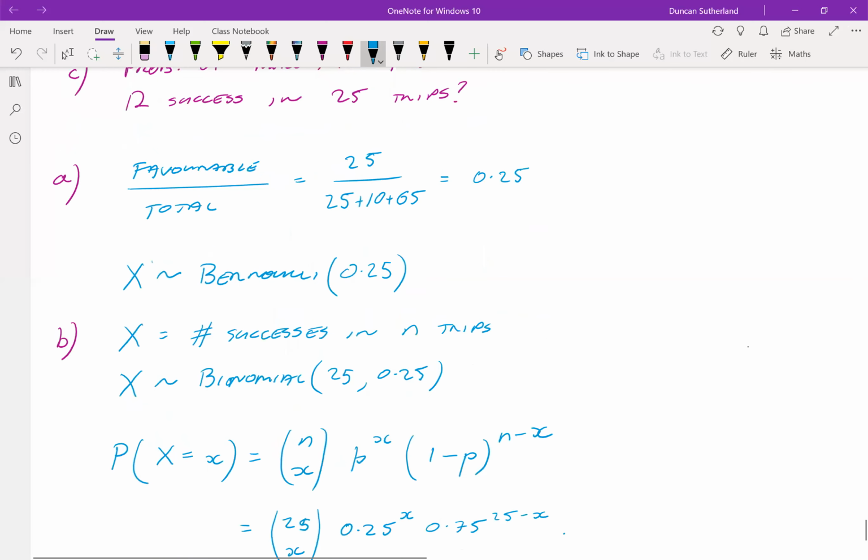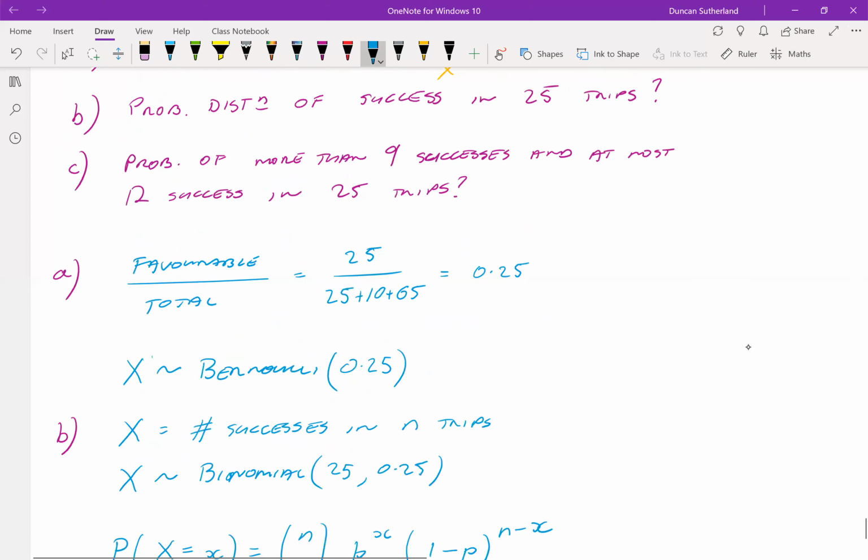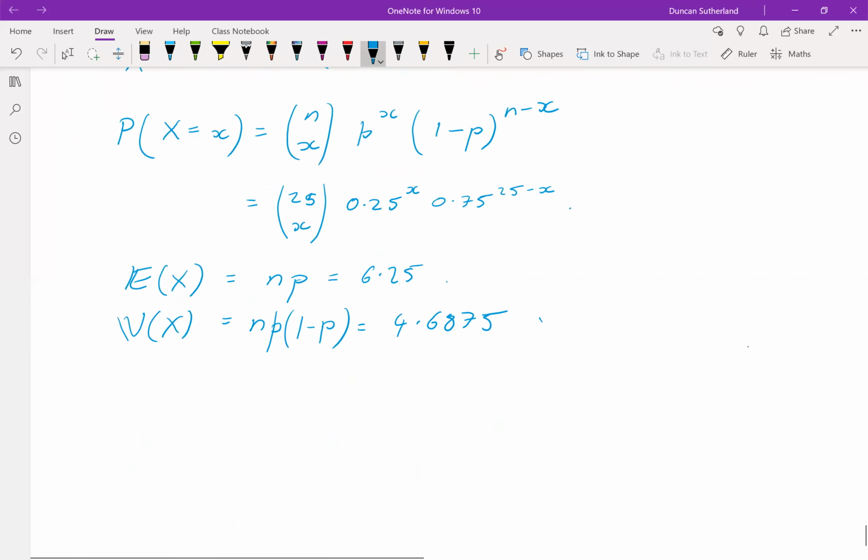The last part of the question asks us for the probability of more than 9 successes and at most 12 successes in 25 trips. So we're going to apply our ideas of using this binomial distribution. To put some notation on what we're actually being asked for, X is explicitly greater than 9, so more than 9, at most 12, so that's less than or equal to 12.